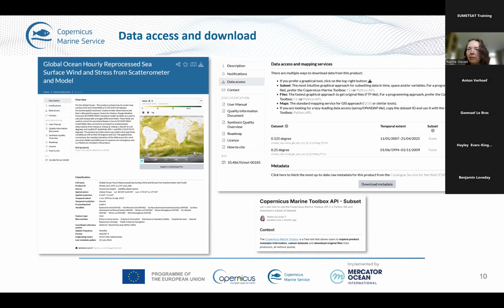You can create a subset of the data or download the complete files. For those that are used to working with more GIS approaches, there are also different options. And there is a toolbox which you can use in a Python environment to download the data in a more automatic way.